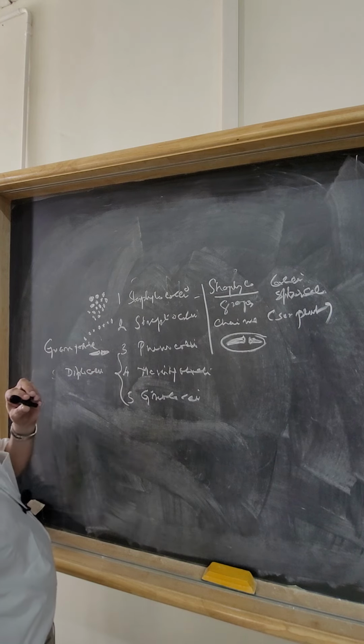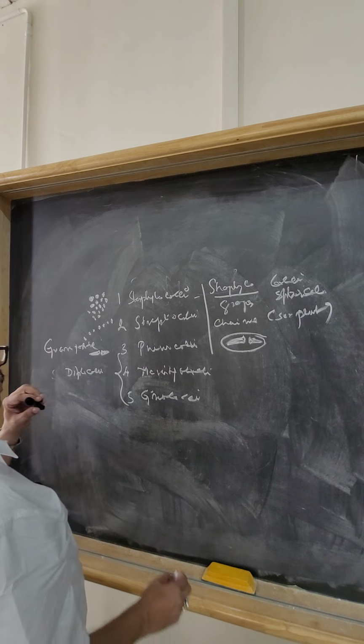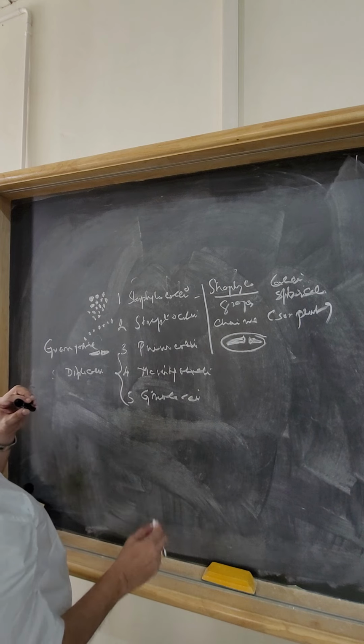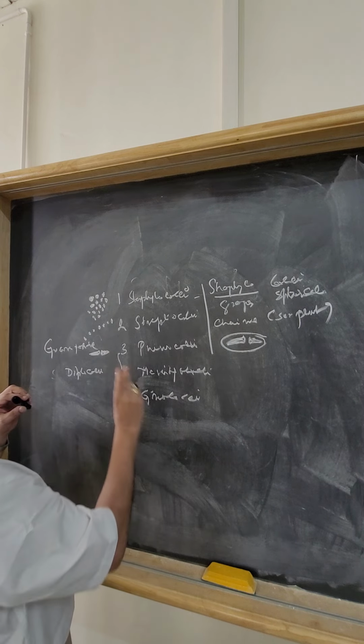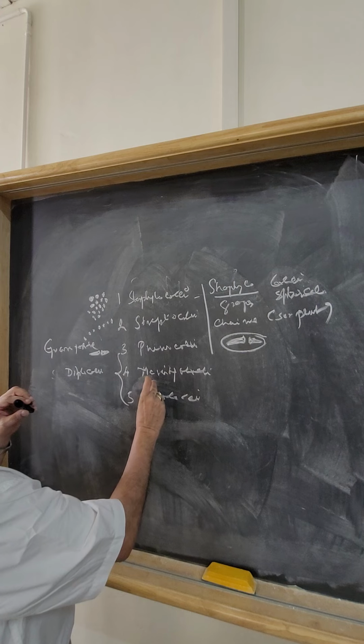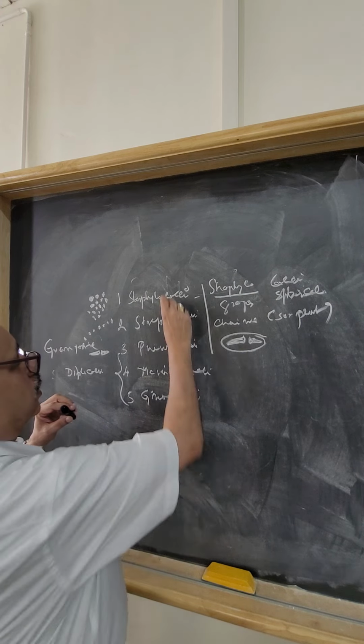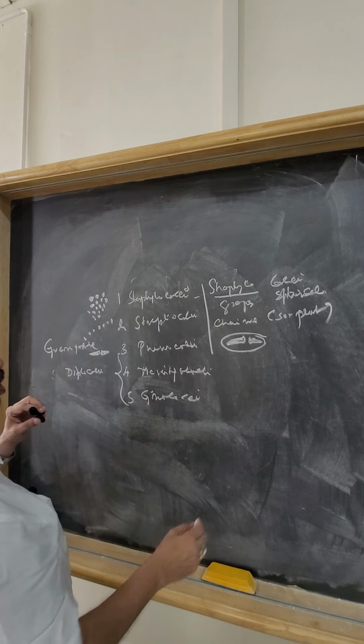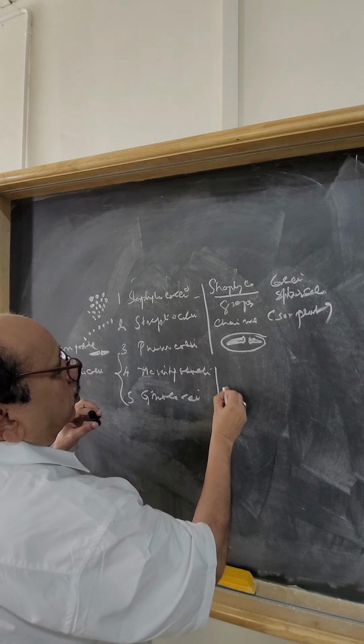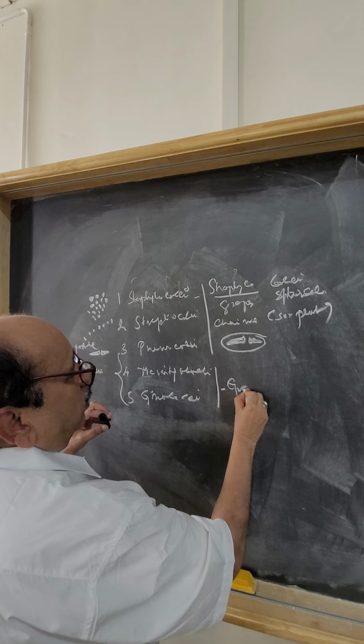Okay. Meningococci and gonococci and pneumococci are diplococci. These 3 are gram-positive and these 2 are gram-negative.